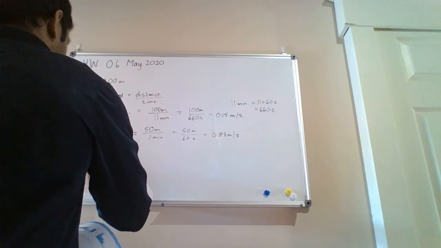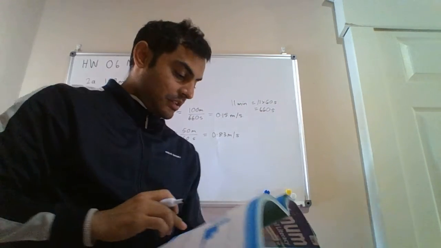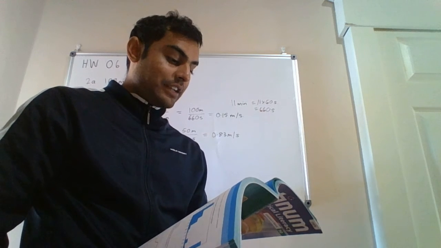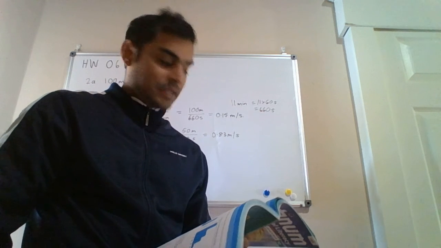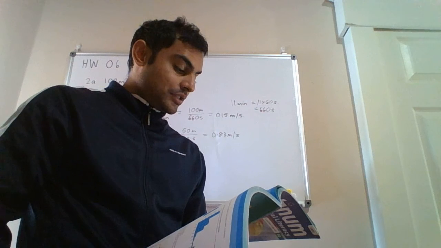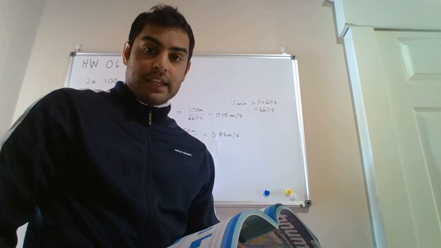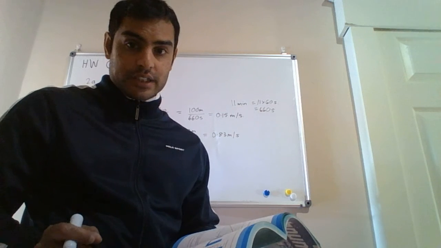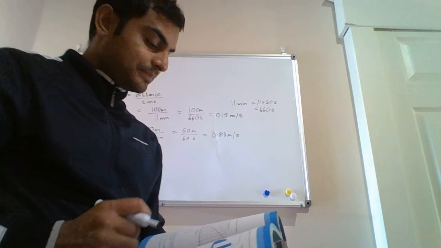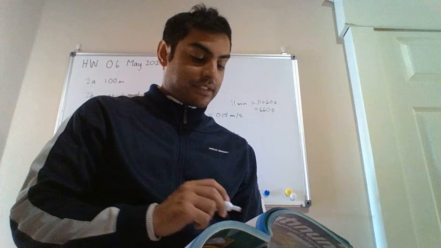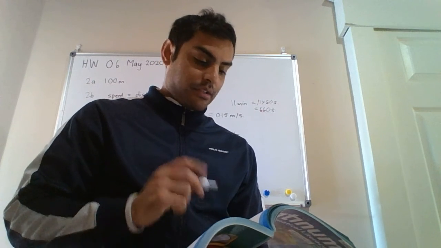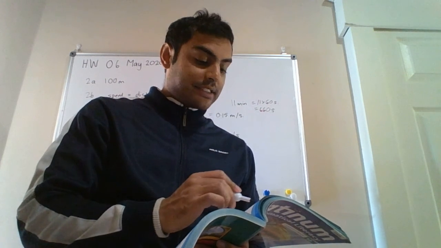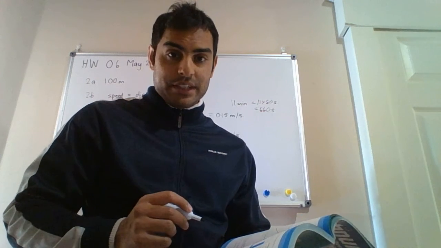2F. Next question. How fast did the hare run in the last minute of the race? So this is very similar to question 2C. We need to see how far the hare traveled and how long it took him in that last minute. So the last minute is from 10 to 11, 1 minute, and the distance covered is once again 50 meters.